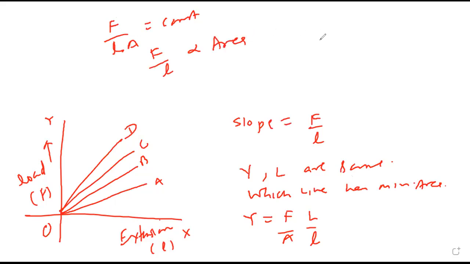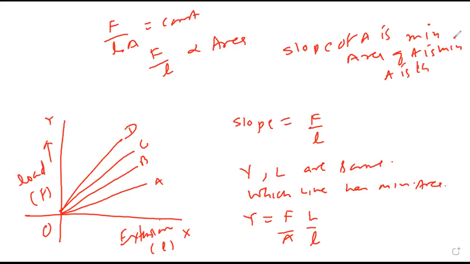Now slope of A is minimum, correct? Therefore area of A is minimum. So A is thinnest. Clear? Yes, sir.